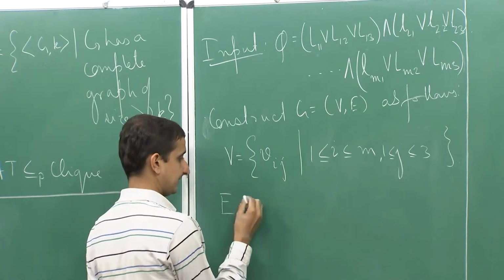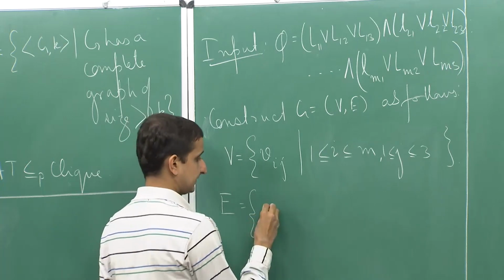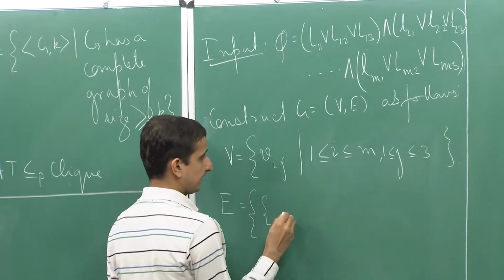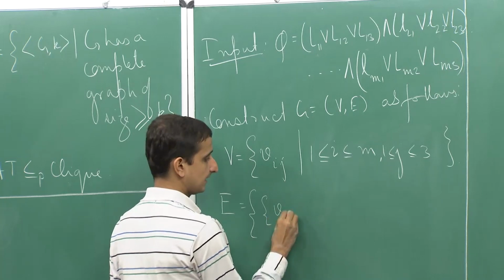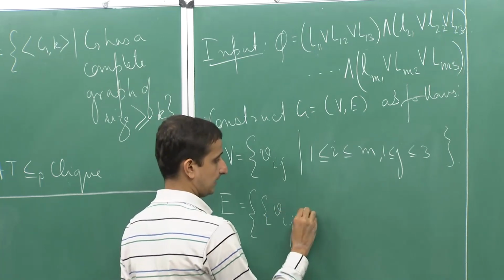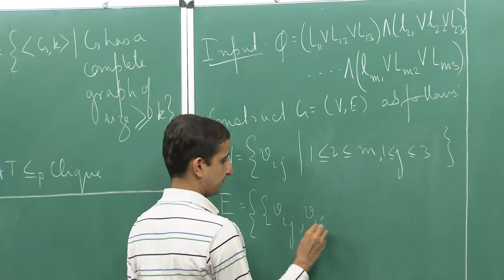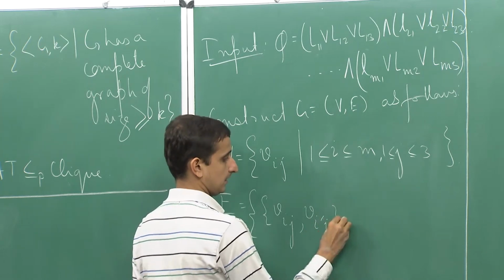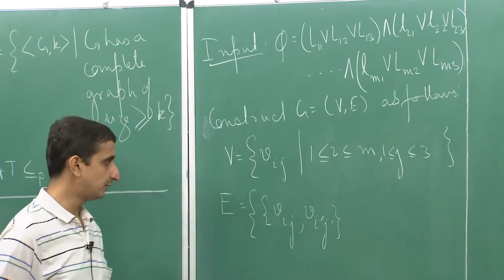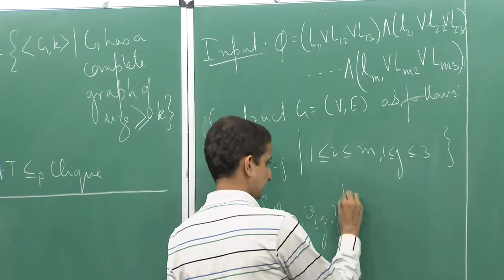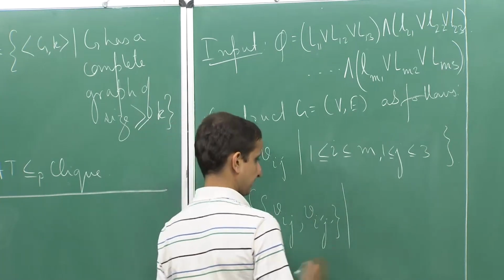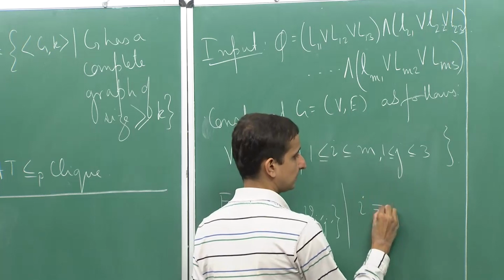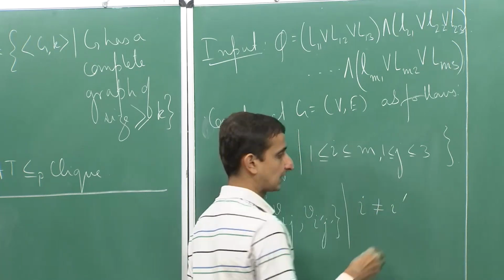I will have undirected edges. So, let us say I have an edge between a vertex Vij and a vertex Vi'j'. So, I have an edge between these two vertices if i is not equal to i'.